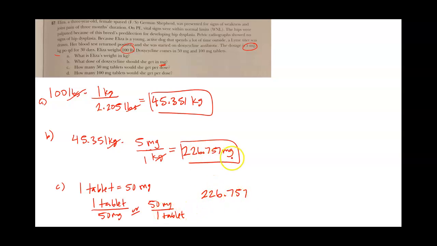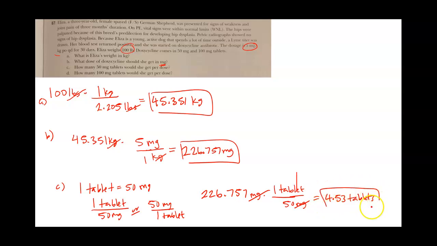And notice that milligrams are on the numerator. So when you figure out which ratio you want, remember to put the other milligrams on the denominator. So we're going to pick this one. So we're going to say that 1 tablet is equivalent to 50 milligrams. So the milligrams are going to cancel, and you have 226.757 times 1 divided by 50. So if you calculate that, that's going to give you 4.53 tablets.